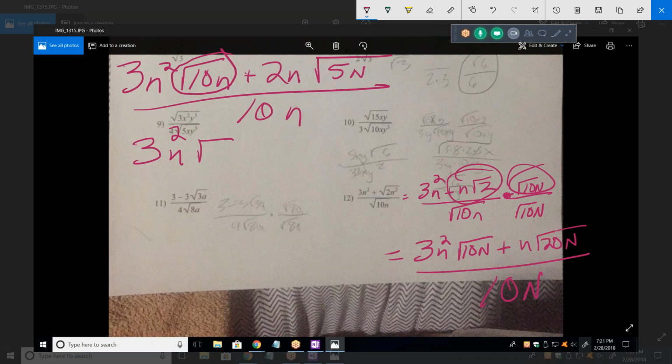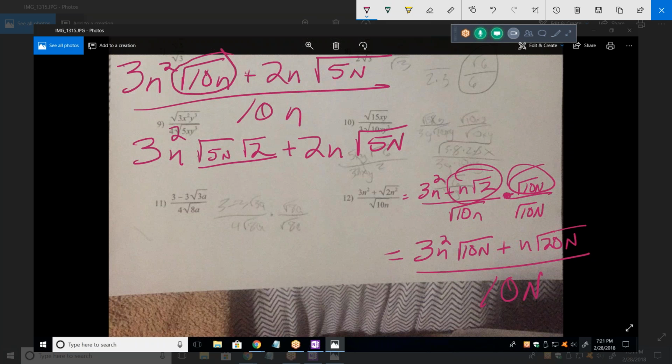Make sure that when you separate this out, you don't make the mistake of making that 2 a whole number. In other words, these two numbers have to multiply together to 10n, square root of 10n. Okay, so now we have this.